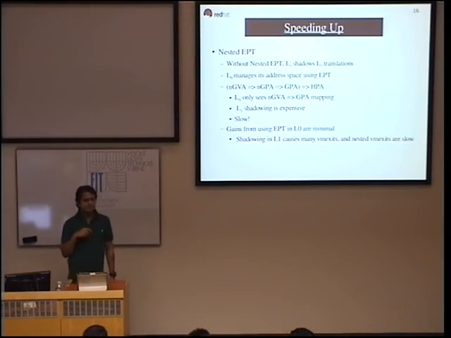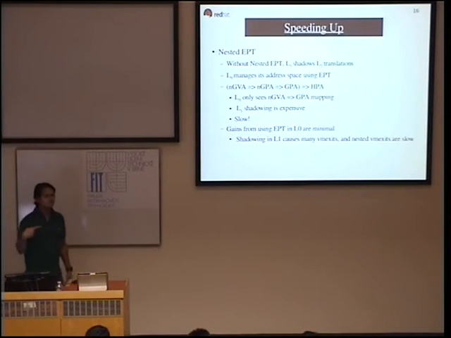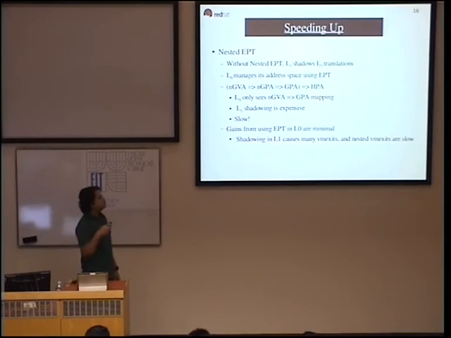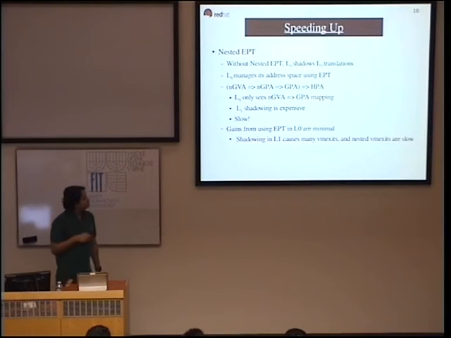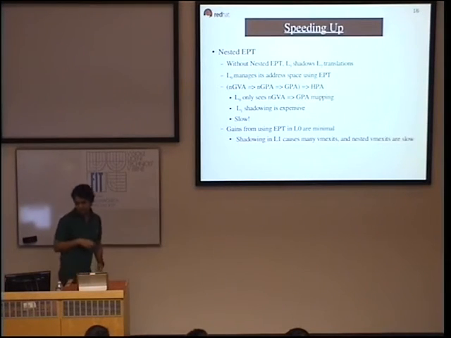And as I said in the first figure, the exits are always L2 to L0 and then L0 to L1, so they are very expensive. That makes it very slow. So even if EPT is doing a part of the translation, the gains are minimal, because this translation doesn't change much, whereas this one does, and we are shadowing it, so it slows things down.